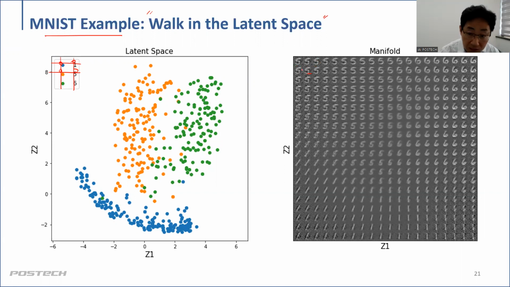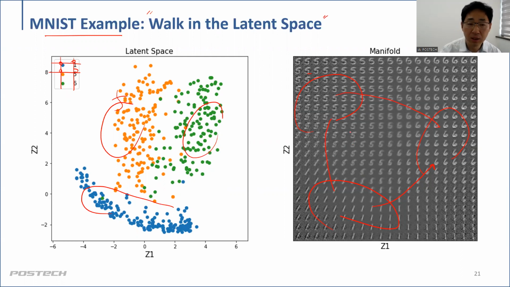As you can see, over there is 5. Over there, you're gonna see 6, and it's 1. In between, from 1 to 6, it's a smooth change. From 5 to 6, 1 to 5.